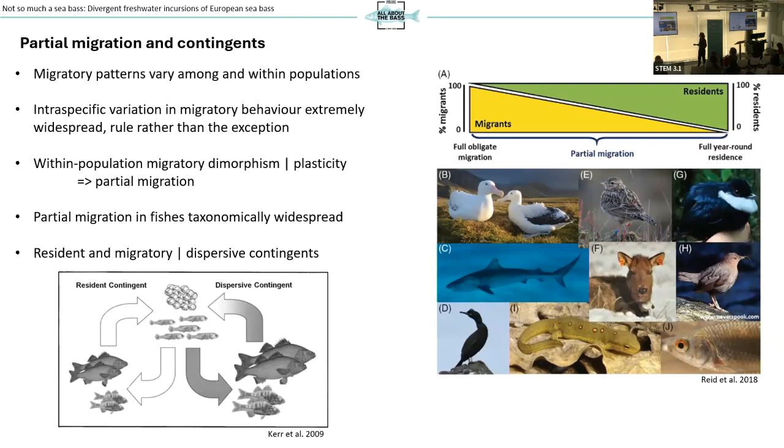And in fish, partial migration is really widespread. Many different species show this, as shown in this lower schematic, where all fish reproduce in the same place, and then one part of the population migrates or disperses, and one stays resident the whole time.